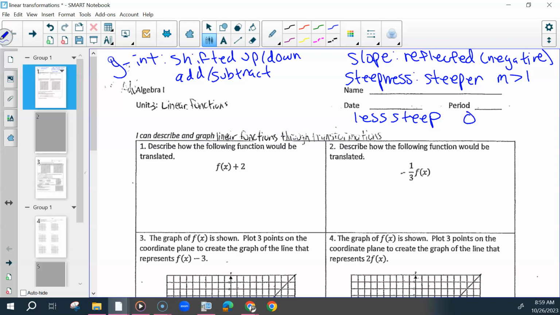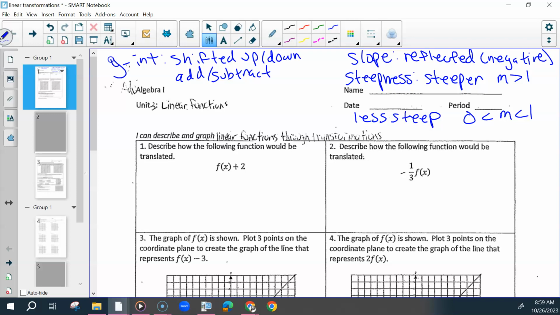So between 0 and 1, I'm going to say 0 less than m less than 1. That means between 0 and 1. So basically, if it's a fraction, where the numerator is less than the denominator, it's going to be less steep.